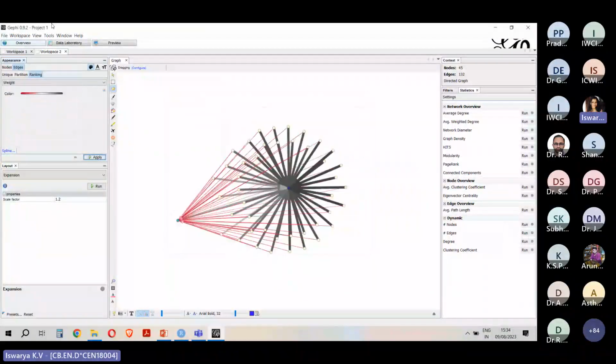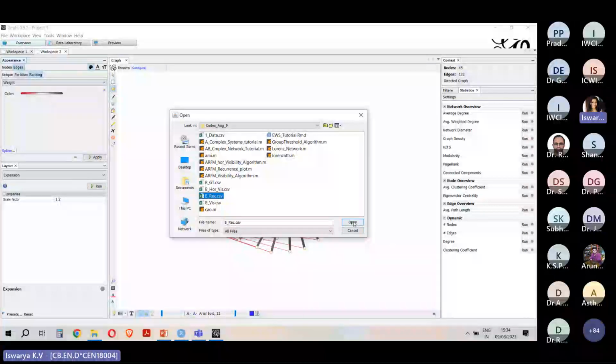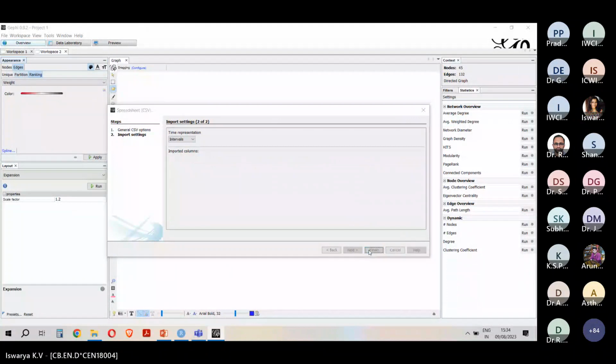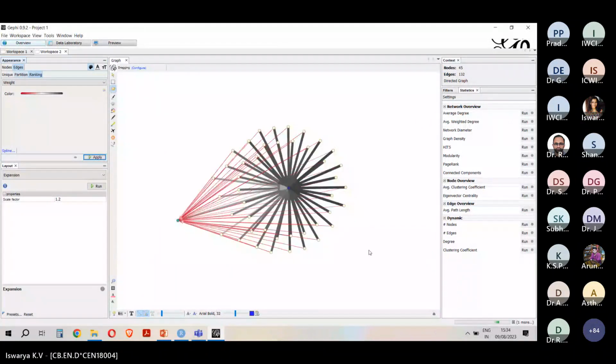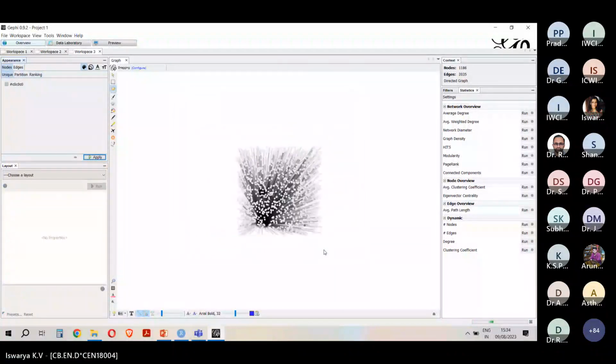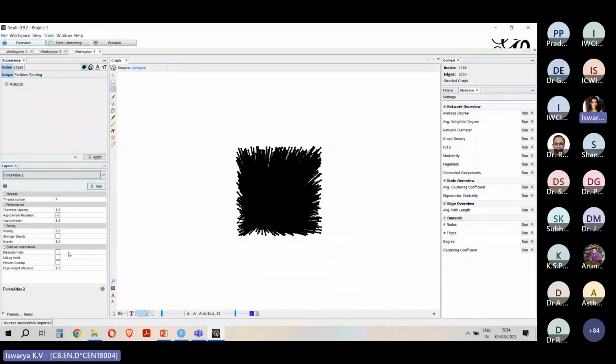For the second one, let me import the spreadsheet. I'll go to the recurrence directly. I'm running the layout.